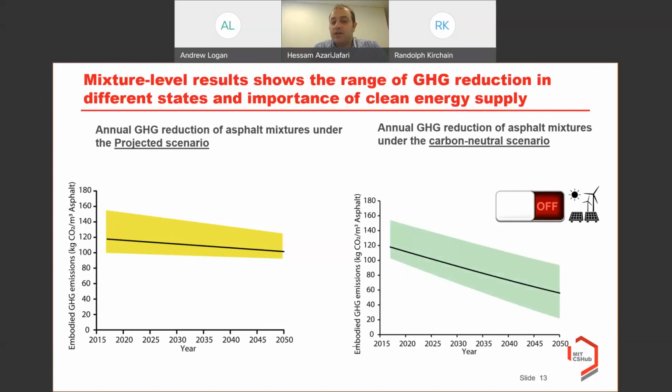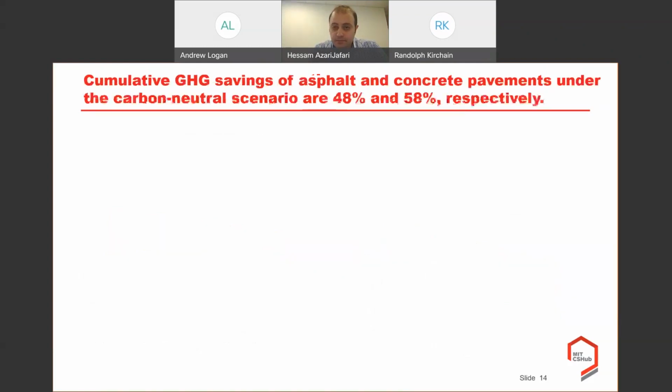Again, if we turn off the renewable energy, we can see that it's really hard to achieve carbon neutrality under the current solutions by 2050. So we conclude here that both for asphalt and concrete production, the renewable energy supply is very important and should be considered in the calculations and in the strategies and policies for carbon neutrality achievement.